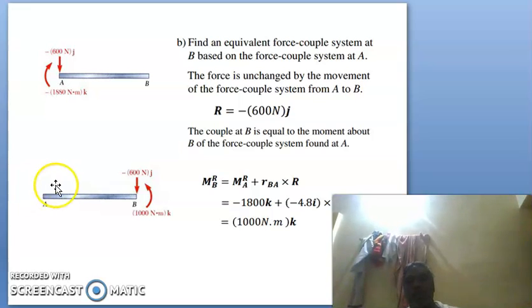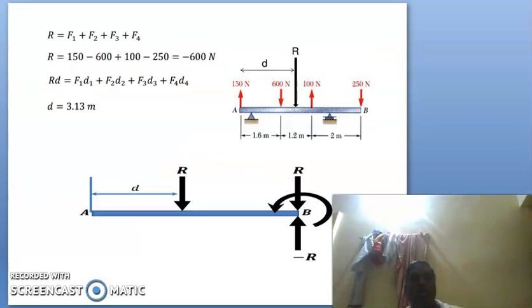Finally, for the third part, we move it to the distance where the couple is eliminated.